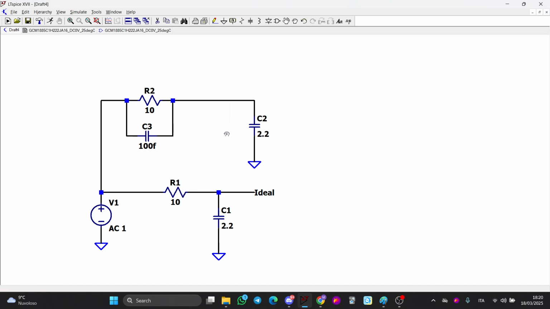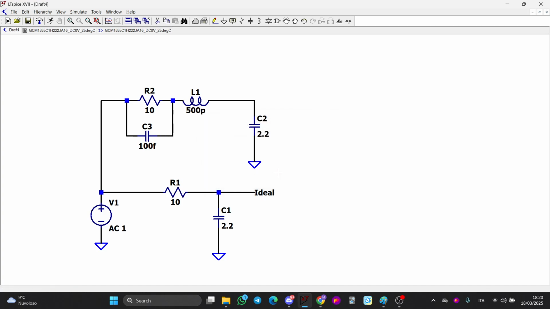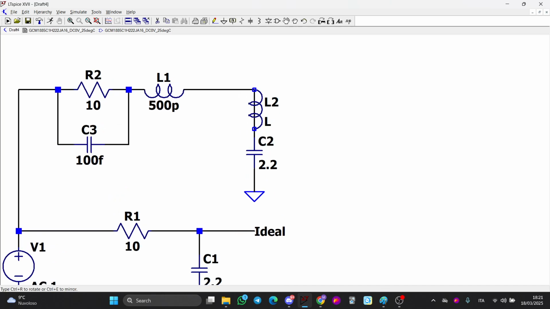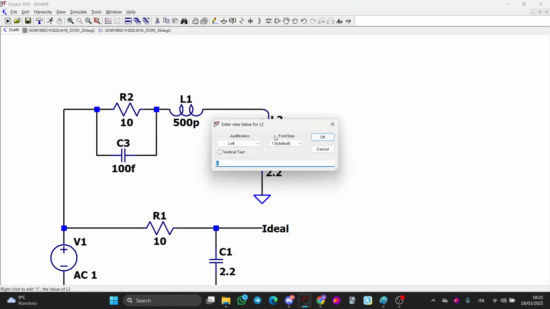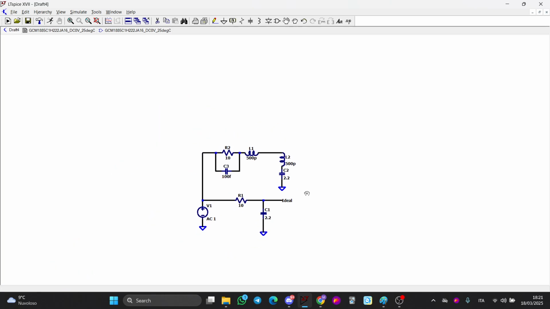And the inductance of the resistor, 100 pico. The same also applies for the capacitor. So let's put the capacitor, let's put the series inductor 100 pico. Also for this guy here.